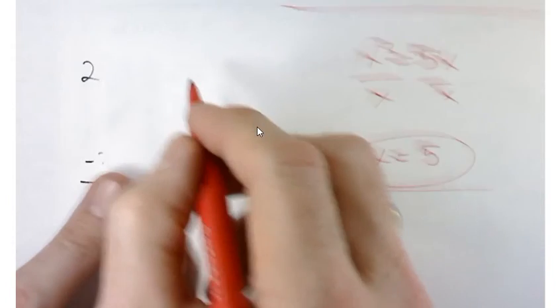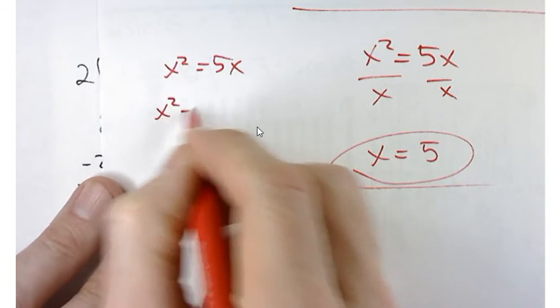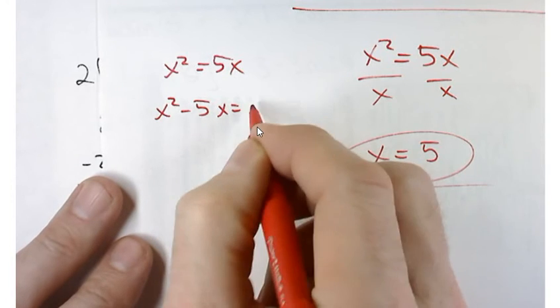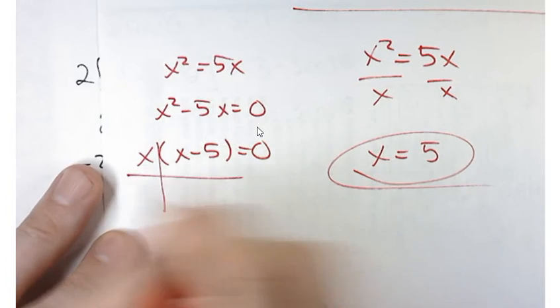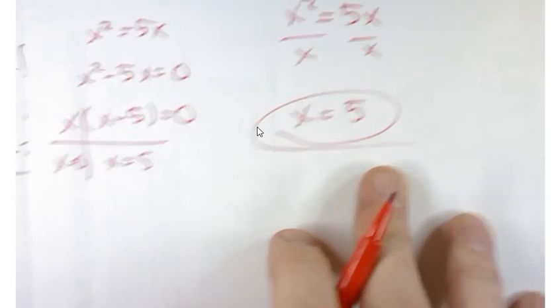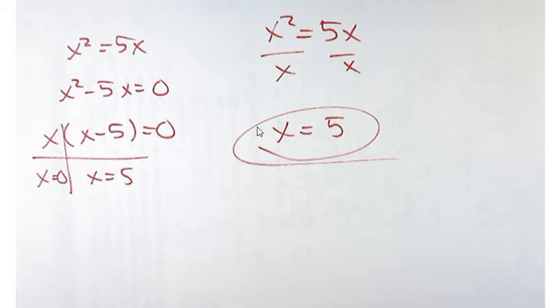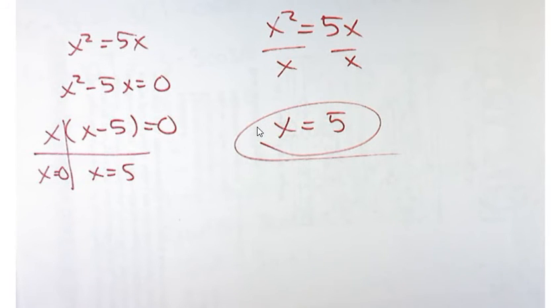Whereas if I move this to the other side, x squared minus 5x equals 0, and then factor out the x, now I get two solutions, x equals 0 and x equals 5. So I'm not really sure what law you broke, but you can see that by dividing out that common factor, we've thrown out a solution. So that's a great question. I think we would have thrown out a solution if we did it that way.